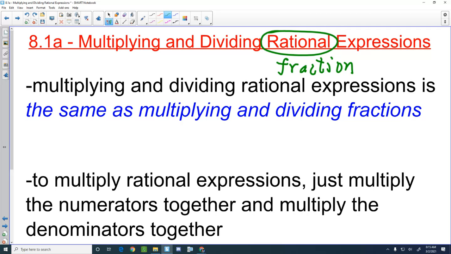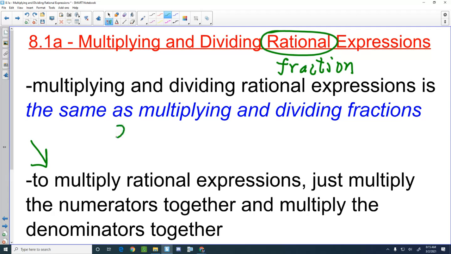So we're going to multiply and divide expressions here that are fractions. Only difference now is there's going to be polynomials in the numerator and polynomials in the denominator, right? We're going to have x squareds and cubes and things like that. And the good news, like this whole second paragraph down here, you don't really need to write this down because you already know how to do this. It's just saying when I multiply rational expressions, it's the exact same thing that we just did in that warm-up. It's the same way you've always multiplied fractions.